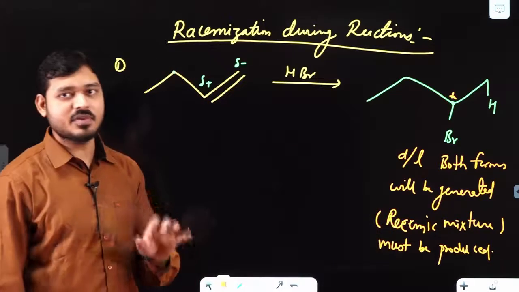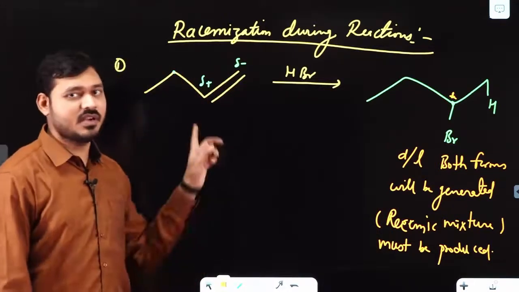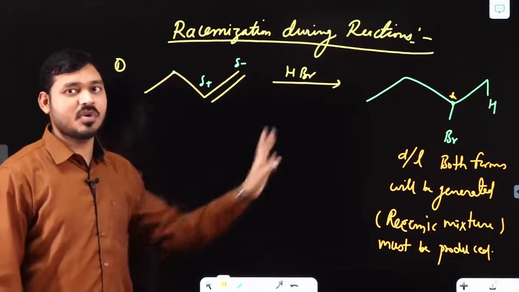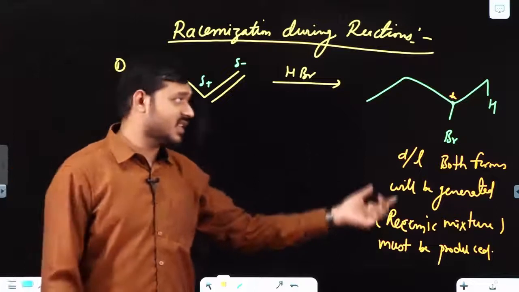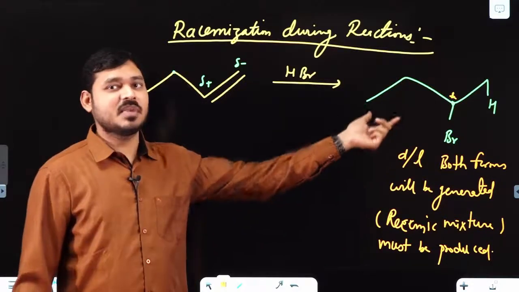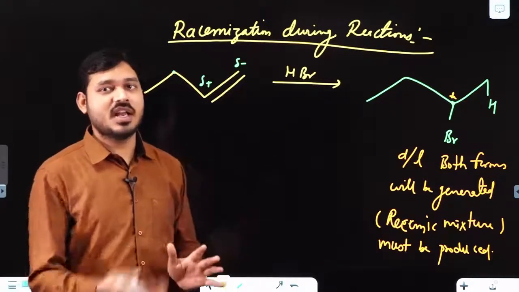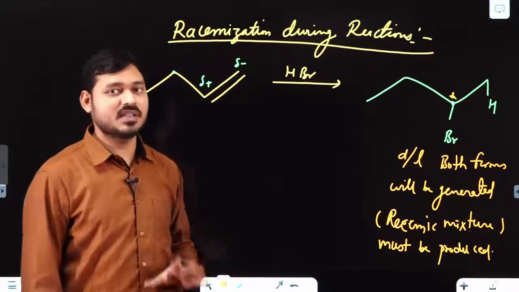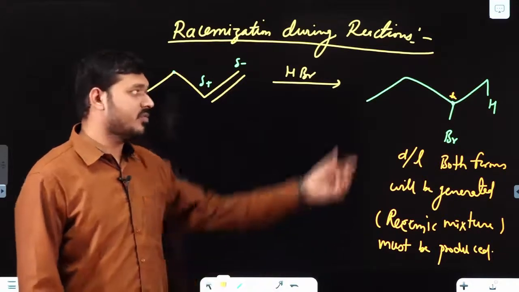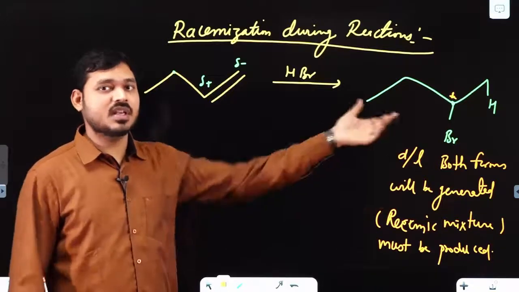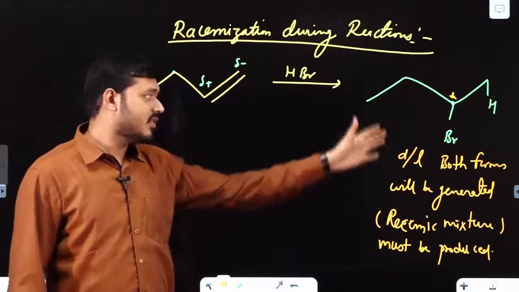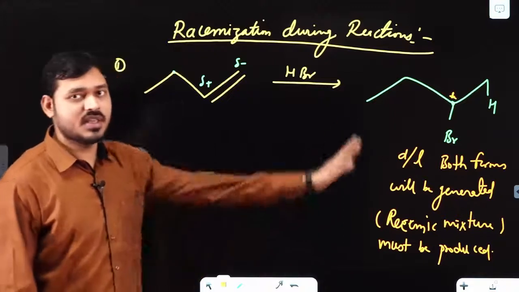If I have to say it in one word, if the reactant was optically inactive, then the product generated will also be optically inactive. Why? Because even if the racemic mixture is formed, it will be optically inactive due to external compensation, right? If one part is optically active, then its mirror image will also be formed. Both cases are possible, and hence we have both DL forms produced in this reaction.